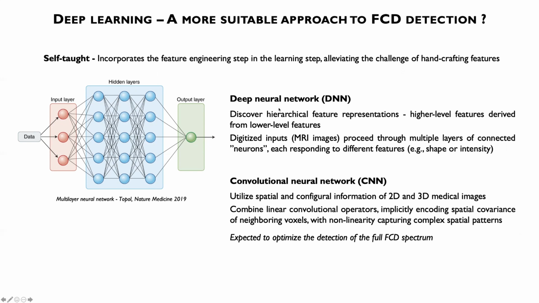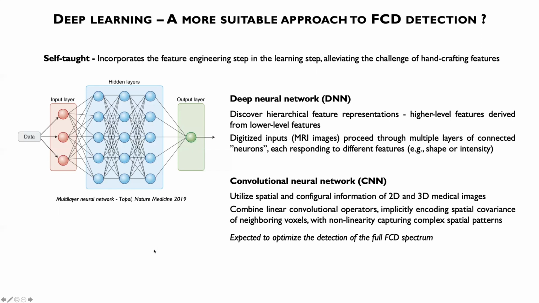Deep neural networks discover hierarchical feature representations such that higher level features can be derived from lower level features. A deep neural network consists of digitized inputs which proceed through multiple layers of connected so-called neurons, each responding to different features and ultimately provides an output.